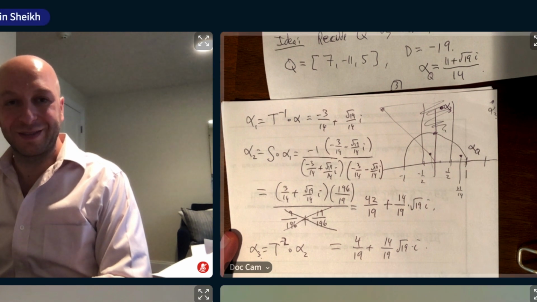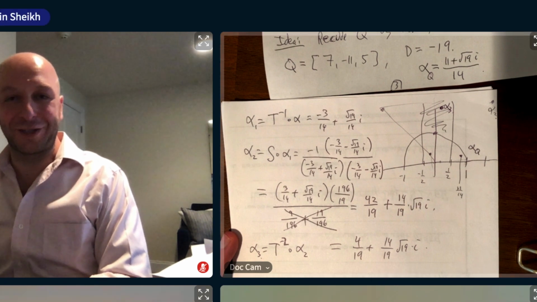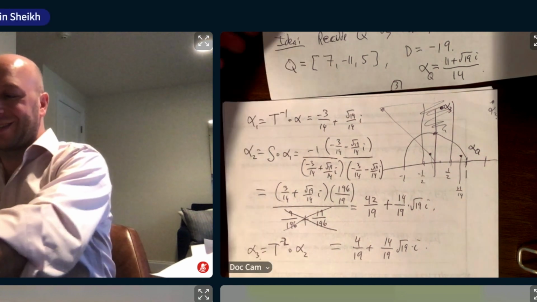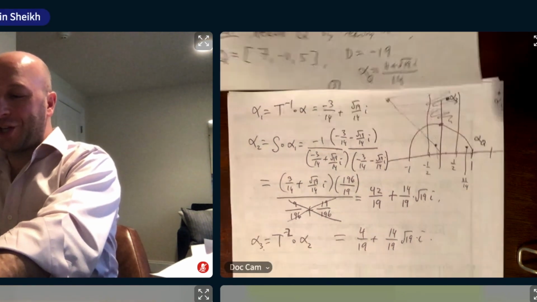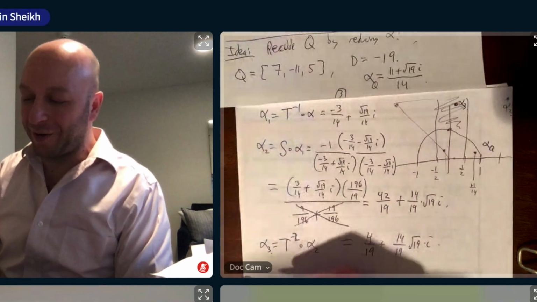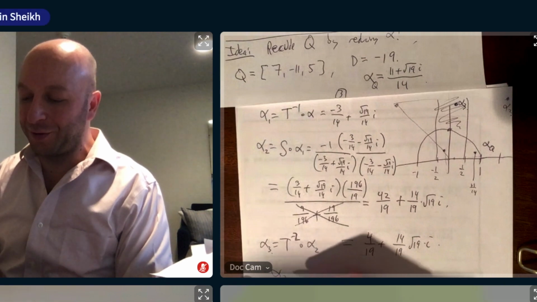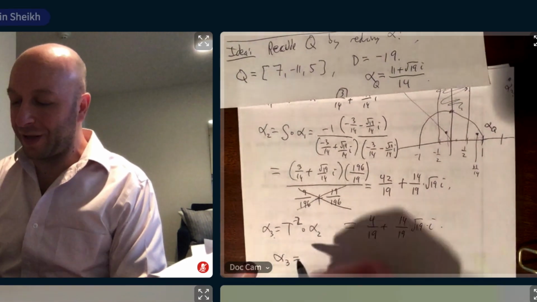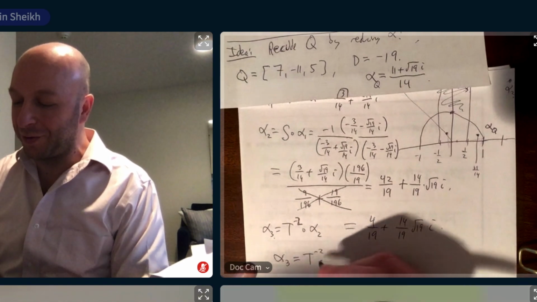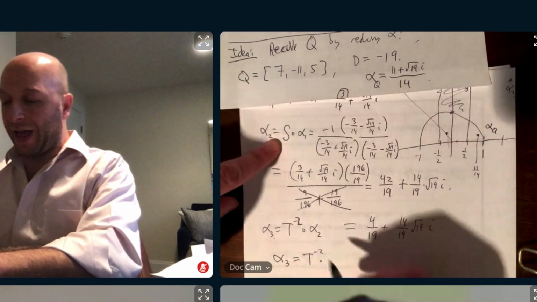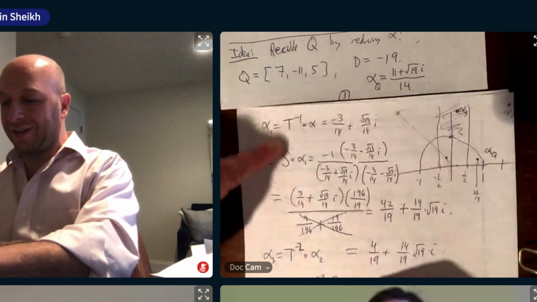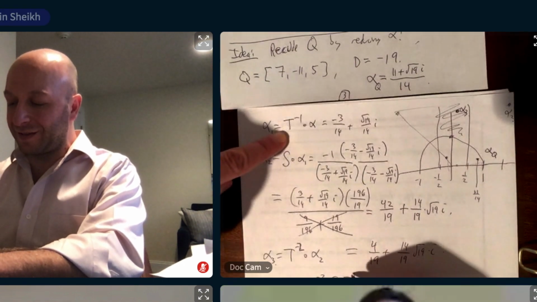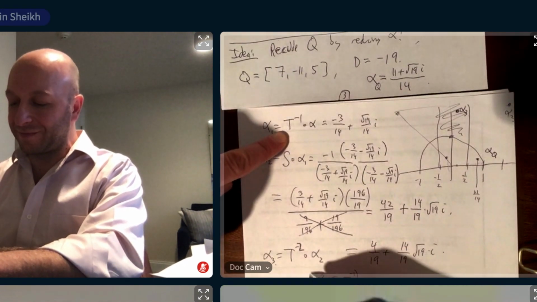Any questions? From anybody, not just Sheik. But check this out. If we put together what all of this was, our reduced alpha 3 is T to the minus 2, S, T inverse of alpha.